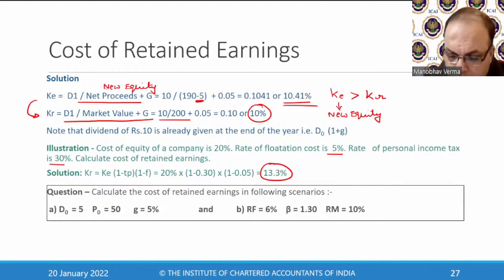In question number A, D0 is given as 5, P0 is given as 50 and G is 5%.